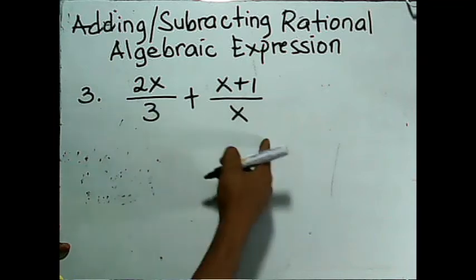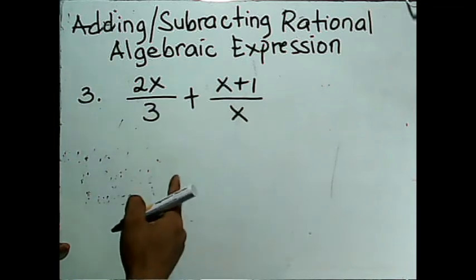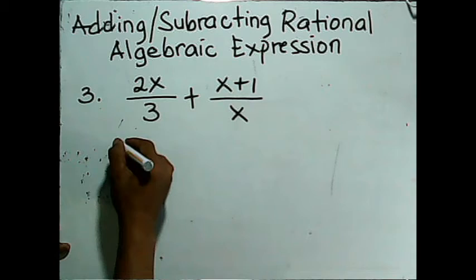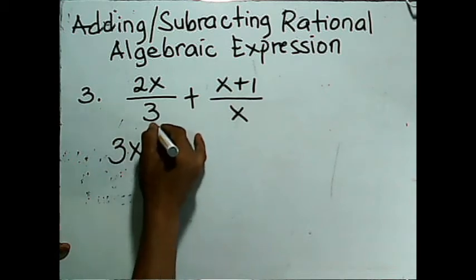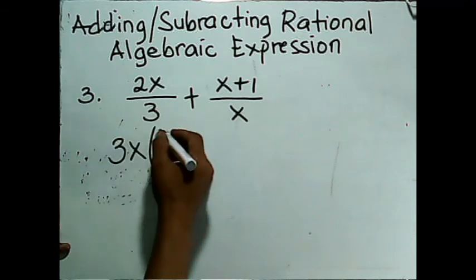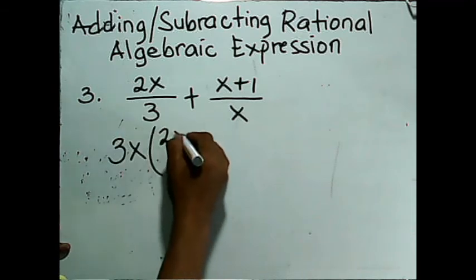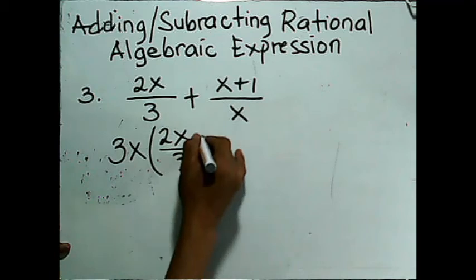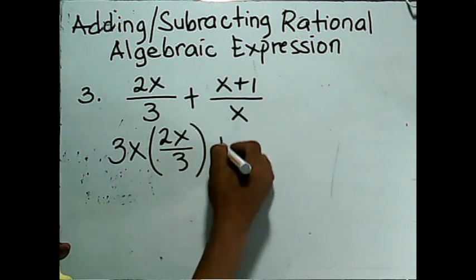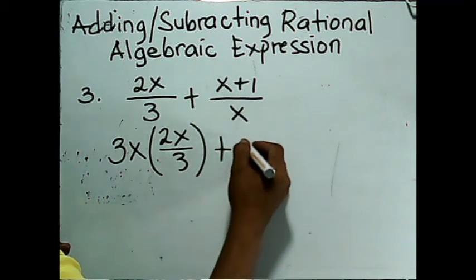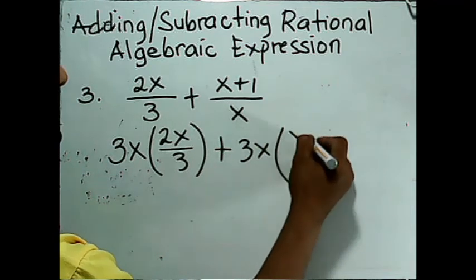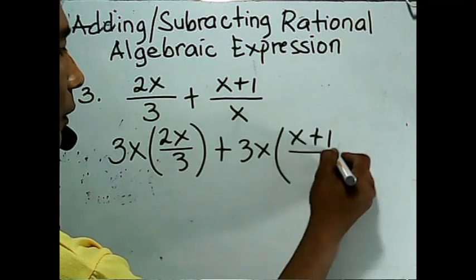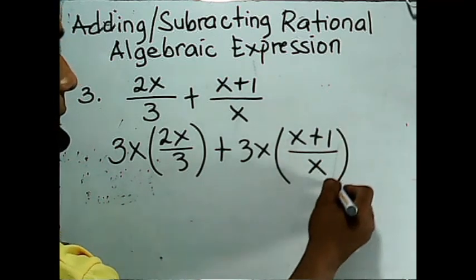So we will multiply our LCD. We will just go directly to our solution. So we will do it like this. 3x times 2x over 3, then plus 3x times x plus 1 all over x.